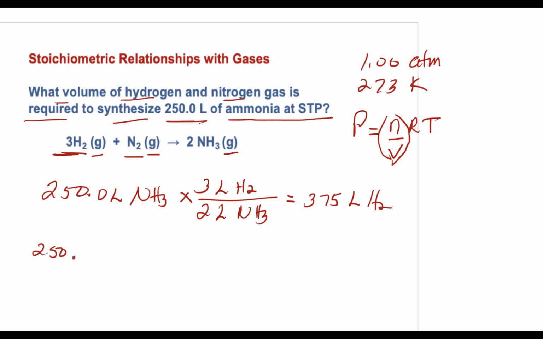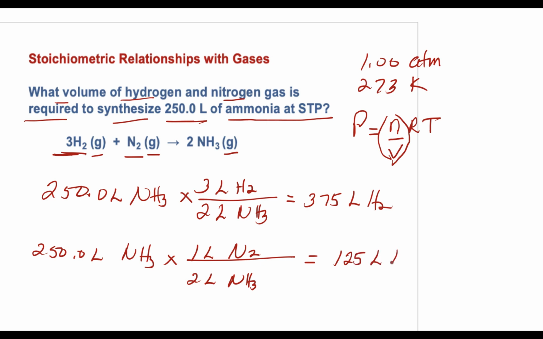We have 250 liters of ammonia, and 2 liters of ammonia will produce 1 liter of nitrogen. We just use the equation stoichiometry. So that would be 250 divided by 2, which is 125 liters of nitrogen.